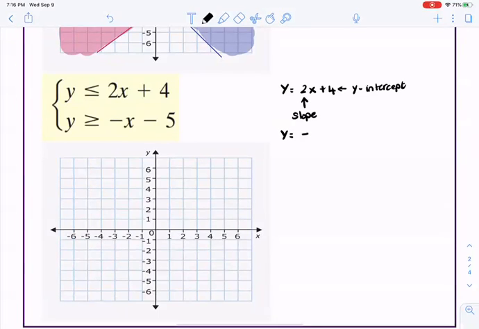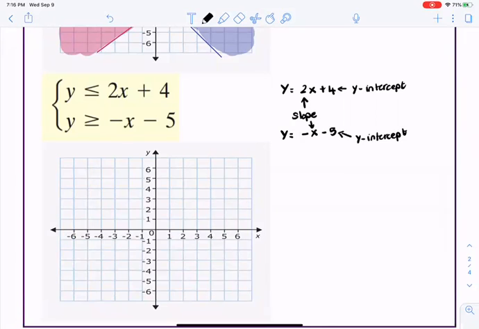The next equation is y equals -x - 5. The slope is -1. The y-intercept is -5. So we should take care of inequalities one at a time, and both of them are going to be solid lines because there is less than or equal to and greater than or equal to. So I'm just going to put solid dots.